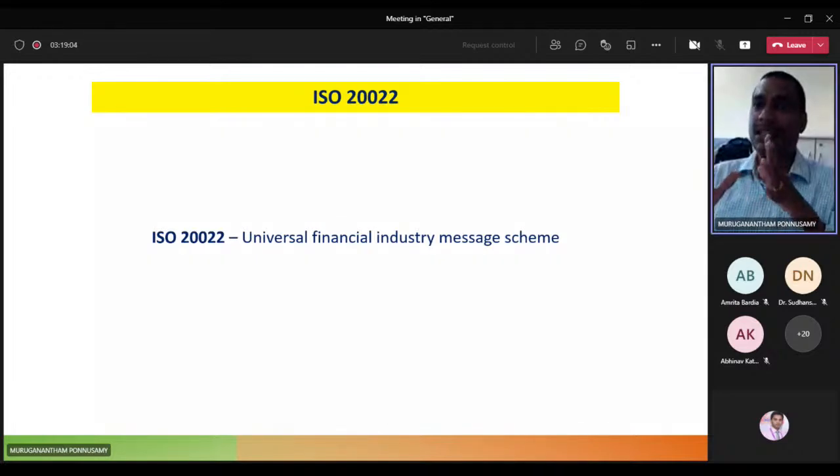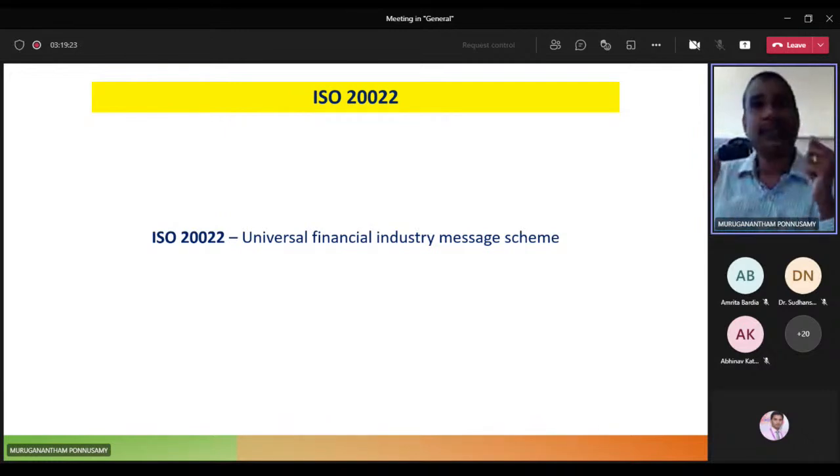This is called the Universal Financial Industry Message Scheme, proposed by ISO to develop all financial messages. It does not describe the messages themselves. It is a recipe to develop message standards.